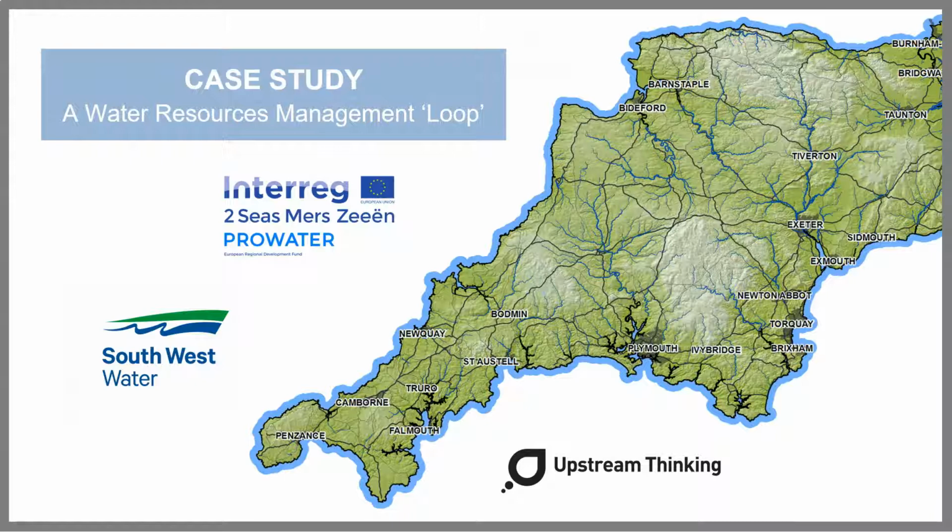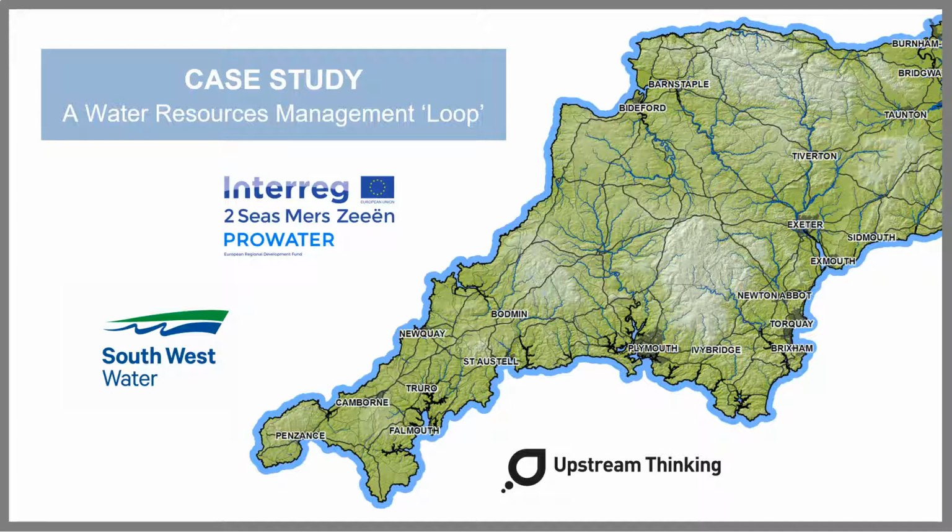Okay, so finally, more recently, towards the end of Upstream Thinking 2, Westcountry Rivers Trust, along with South West Water, have become involved in an Interreg 2 Seas funded project called ProWater, and this is very much focusing on a whole system integrated assessment of water resources management at a landscape scale.